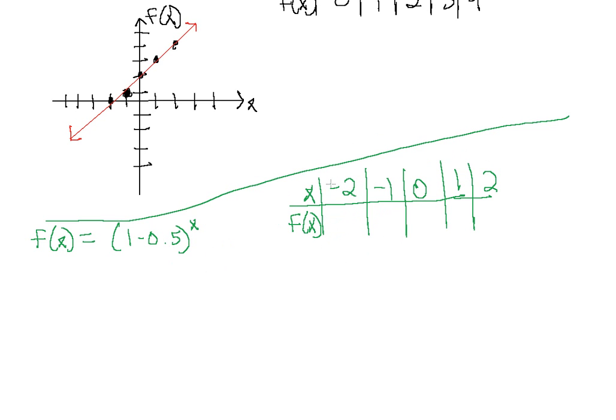Okay, so we want to find f of minus 2. When we plug in minus 2 for our exponent up here, what does this function equal? So we have 1 minus 0.5, so we have pretty much 1/2 to the minus 2 power. If we want to write this out, we have f of minus 2, so we have 1/2 to the power of minus 2.